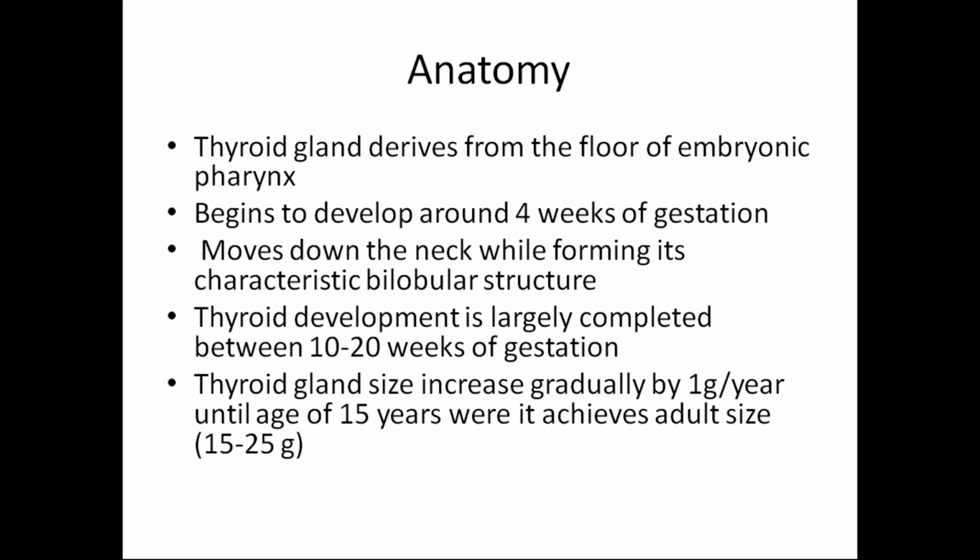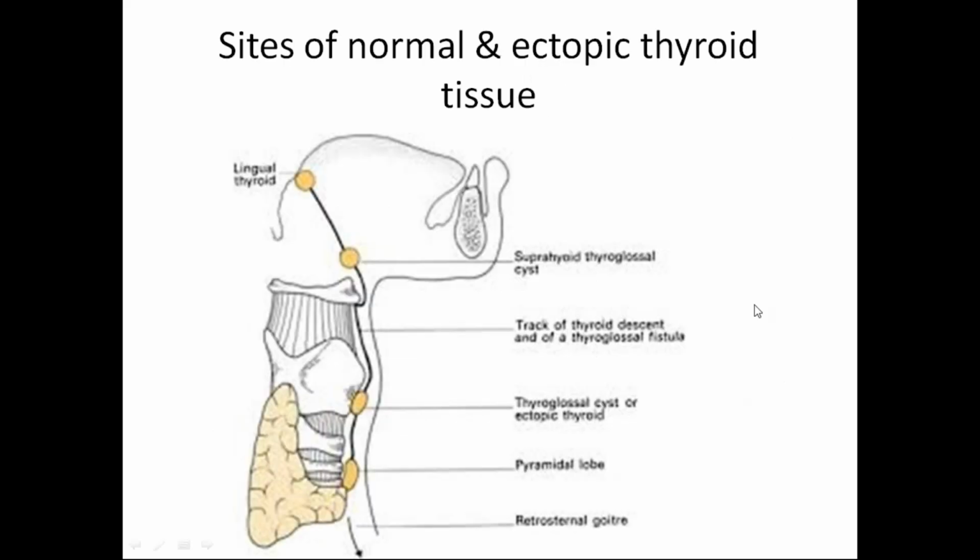Yeah. Then this is the diagram, the clarity is not so good, but yes, I'll describe it. This is from the floor of the pharynx, the development of the thyroid, and if there is a remnant, and tissue has failed to trickle down over the development, if it stays there, it will become a lingual thyroid.